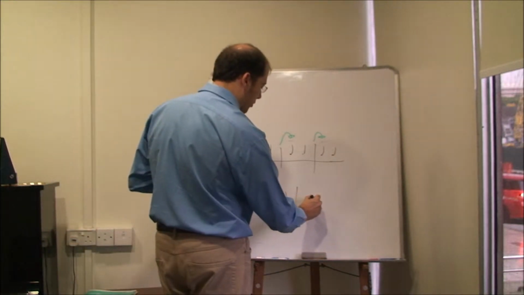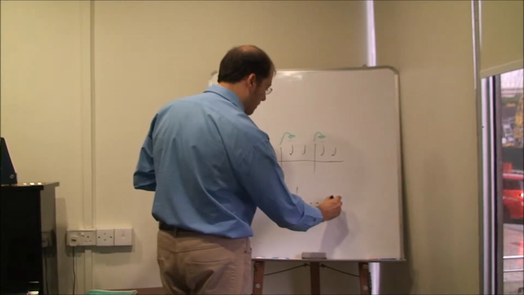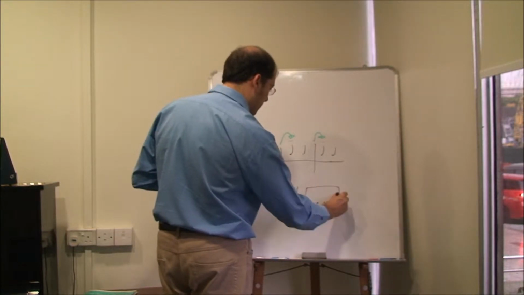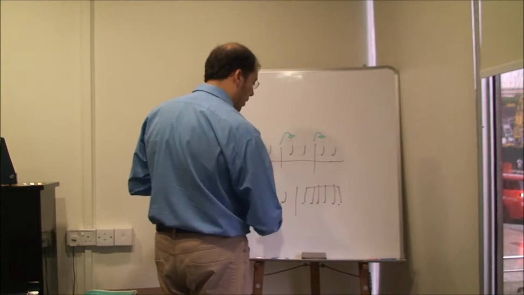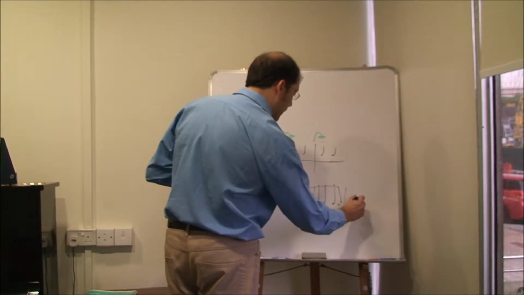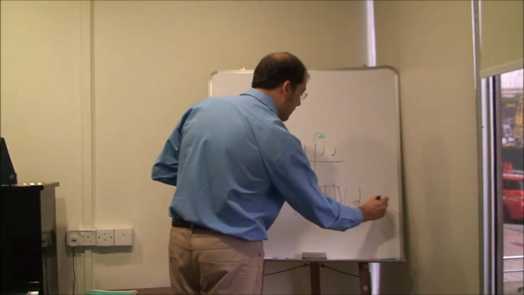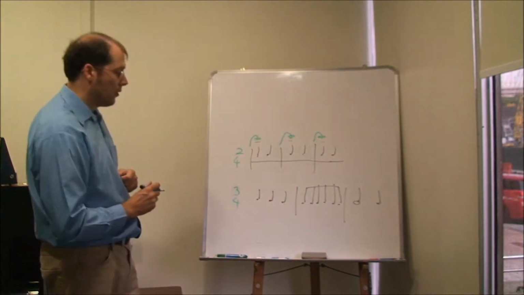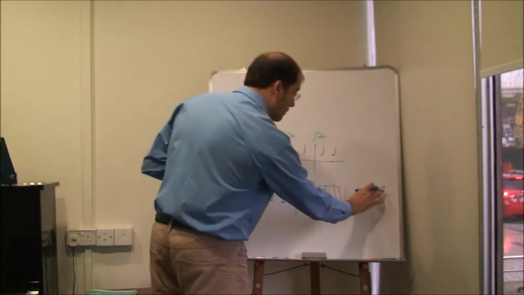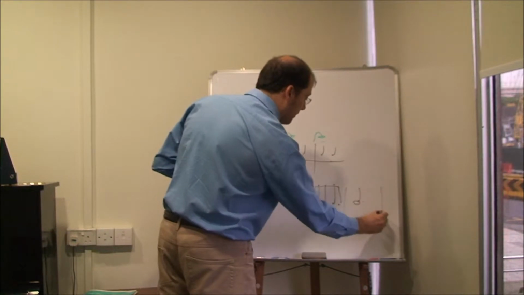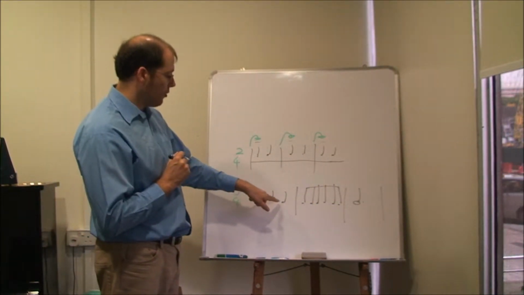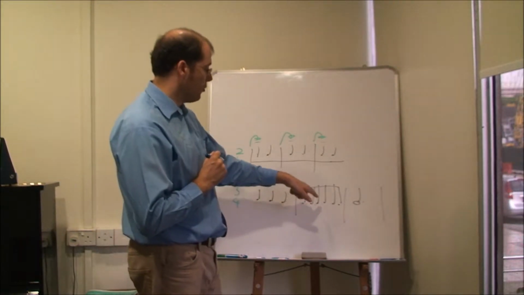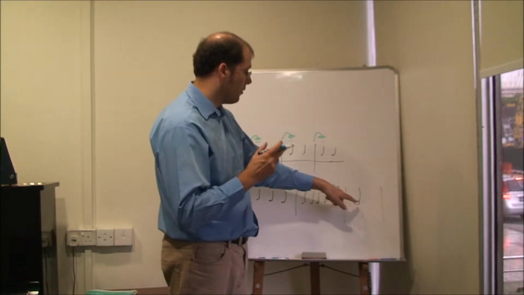So this would also be the same, or it could be like that, or even like that. So 1, 2, 3. 1 and 2 and 3 and 1, 2, 3.